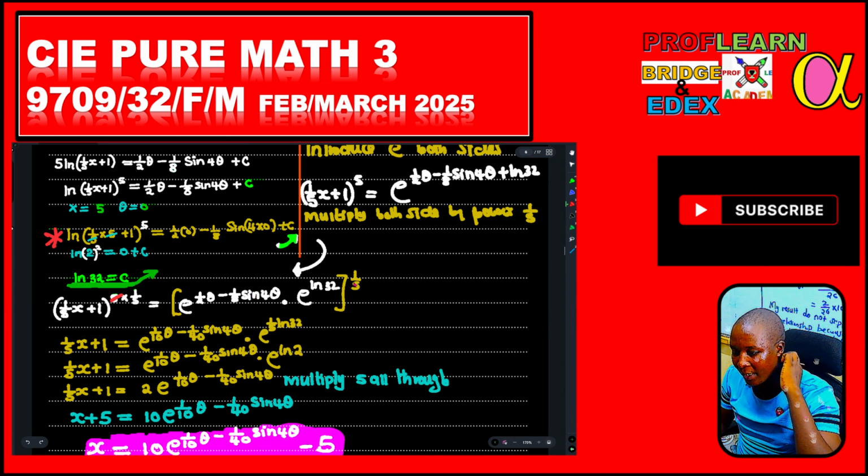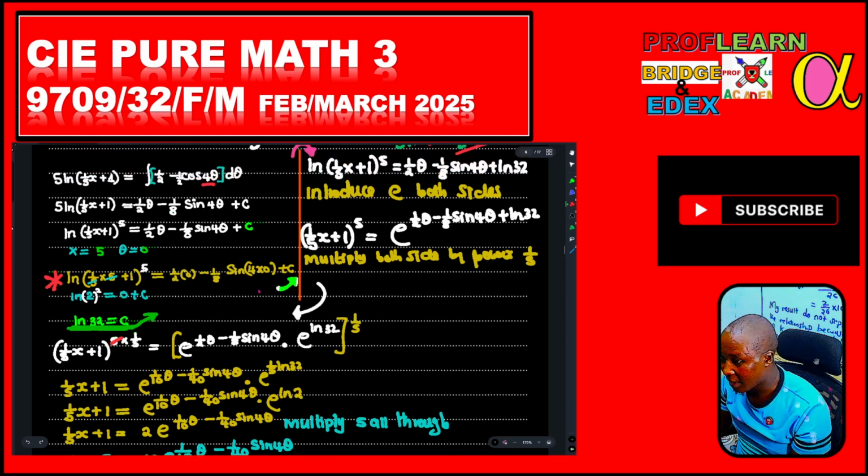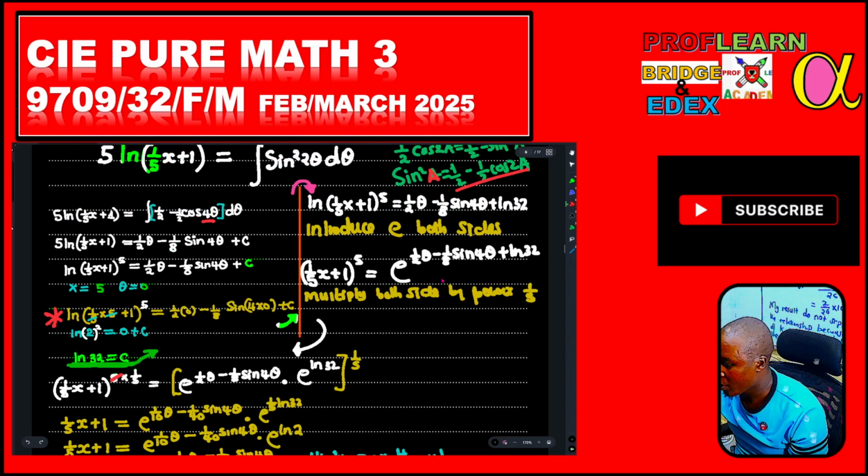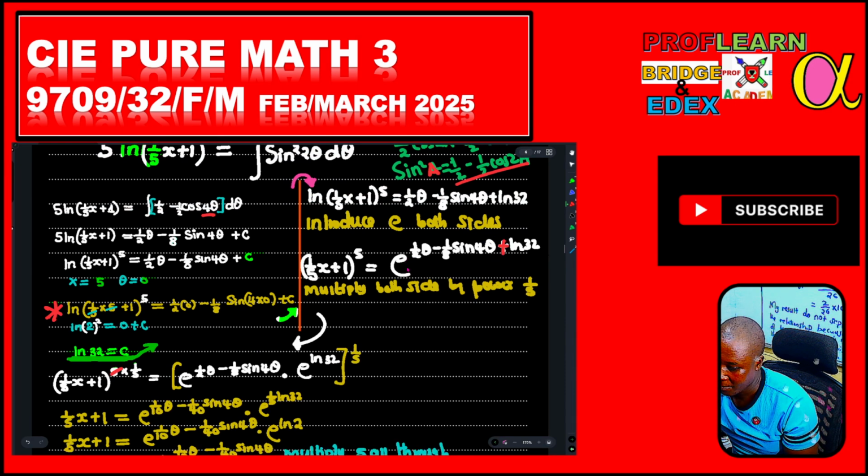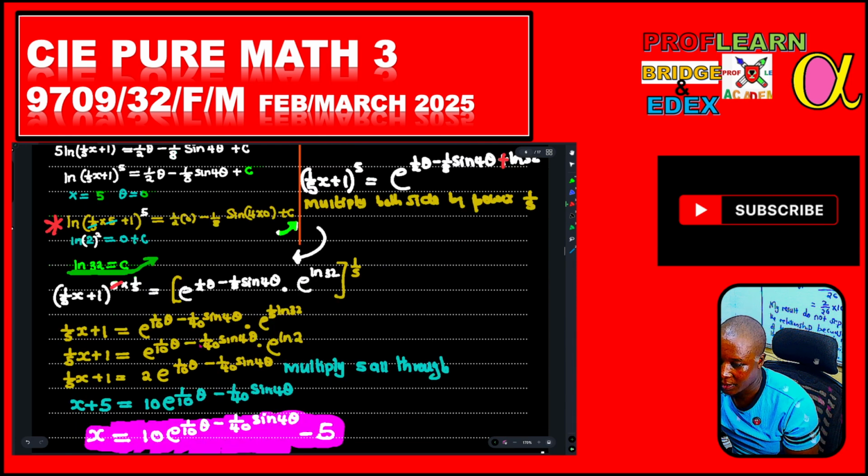And if we multiply all through those powers, something I need to mention is that this is an exponent, and we have this plus at this given point here, yeah? So we can split this and say we can write it as what? We can write it as e to the 1 over 8 theta.